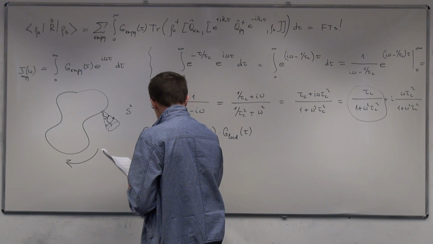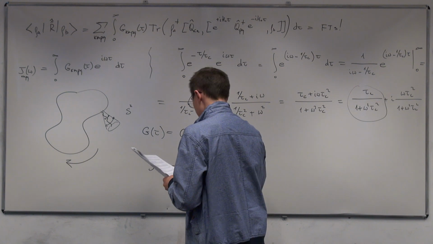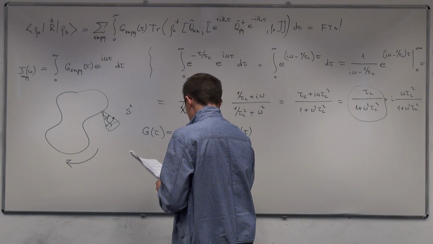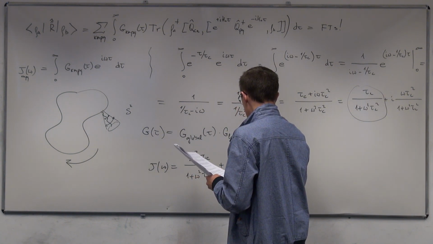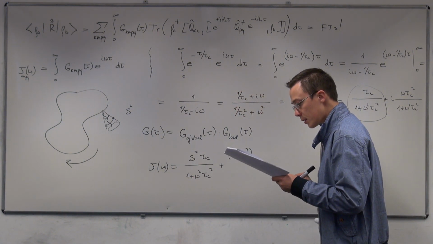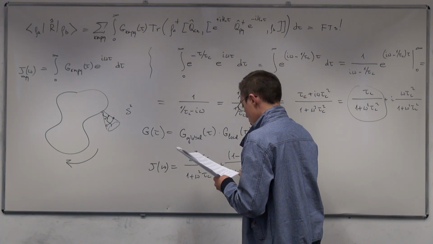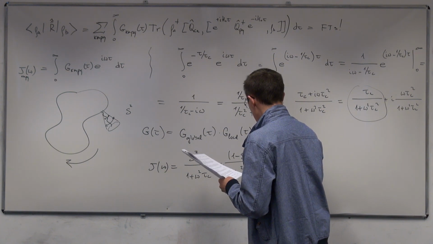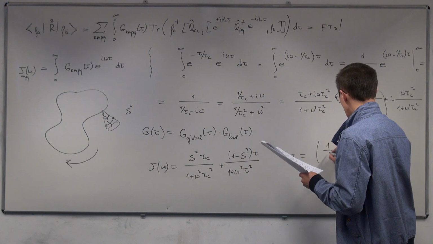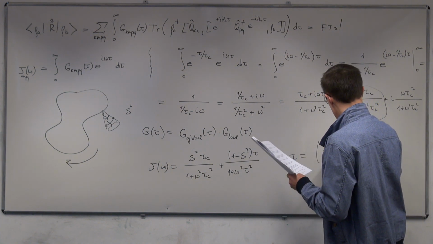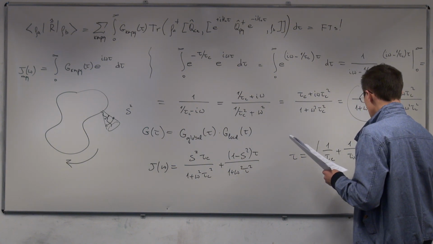So J(omega) is S squared tau_c over 1 plus omega squared tau_c squared, plus 1 minus S squared, so a linear interpolant between two situations, times tau over 1 plus omega squared tau squared, where tau is defined as 1 over tau_c plus 1 over tau_int, all to the minus 1.